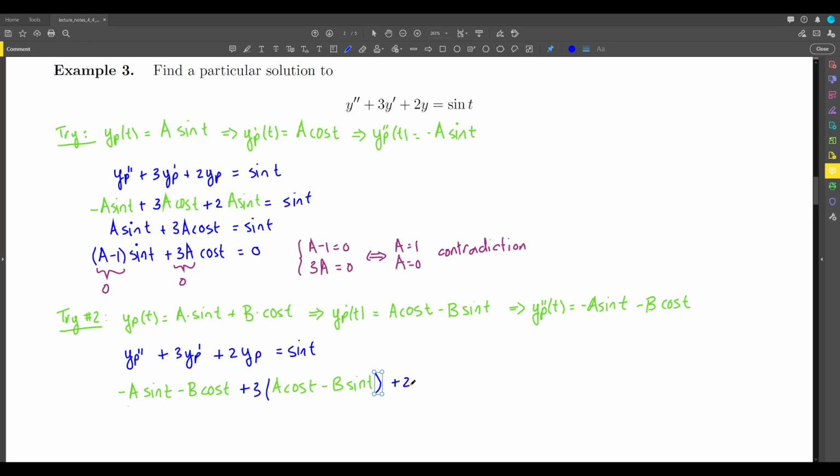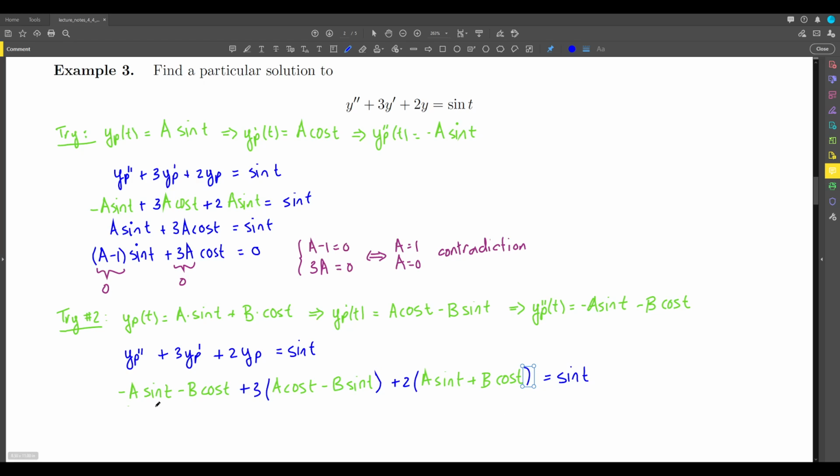And then plus 2 times yp, right? And that's a sine of t plus b cosine of t. And that whole left-hand side has to equal sine of t.